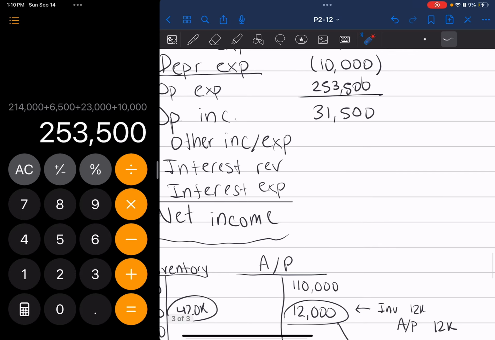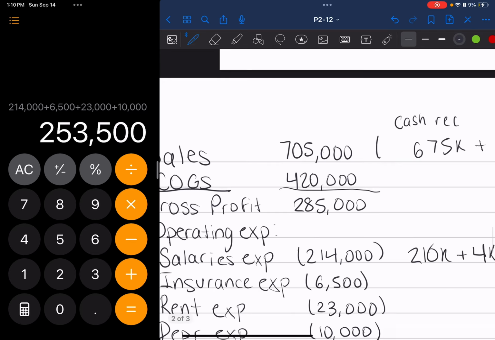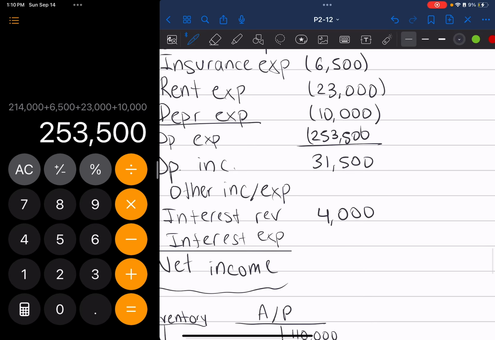So interest revenue will be 4,000, and that increases income. And so that's why I don't put parentheses around it. I'll put parentheses around that, although that's a subtotal, so I might put it to the side a little bit too. Okay.